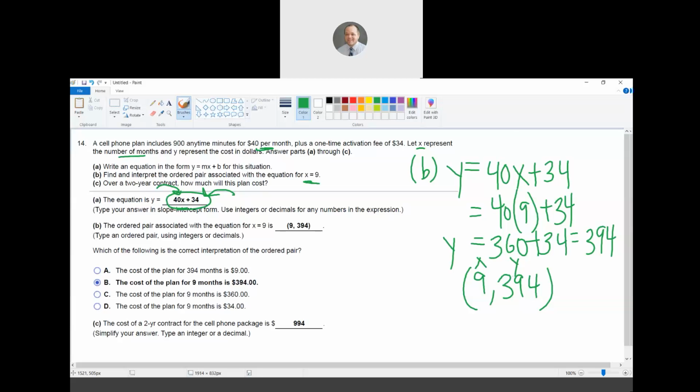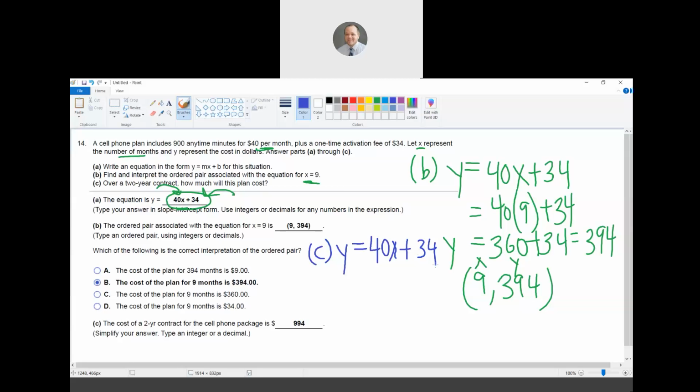Part C, over a 2-year contract, how much would this plan cost? Again, we're using the equation that we found from part A. Now be careful.